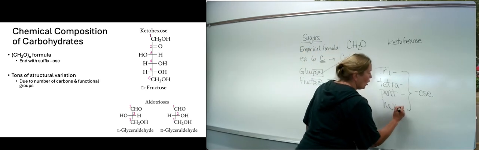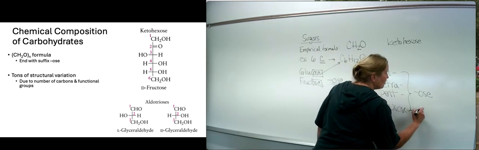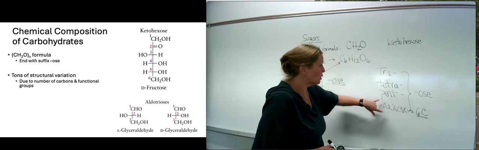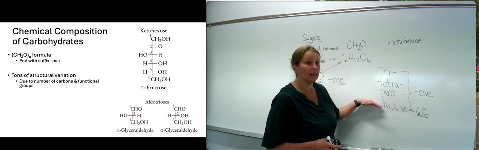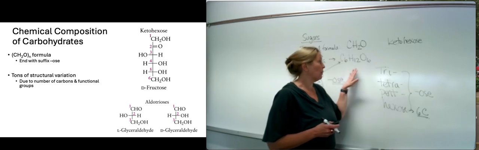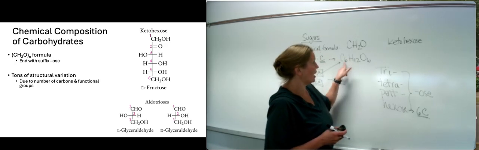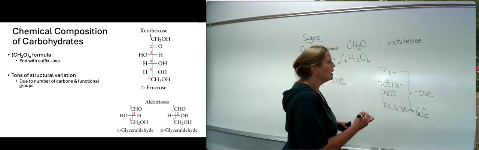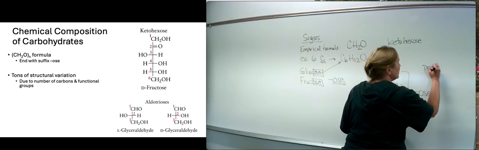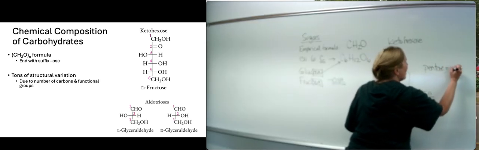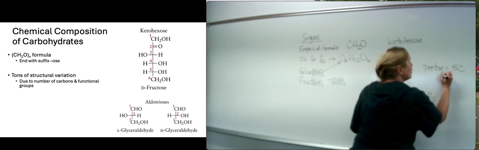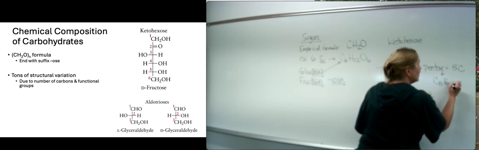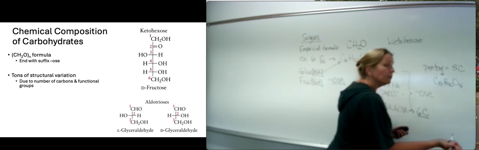Here, hexose means that we have 6 carbons. Since we know we have 6 carbons, we know that the full chemical formula is therefore C6H12O6. If we have a pentose sugar, for example, that says we have 5 carbons, so we know the entire chemical formula therefore would be C5H10O5.